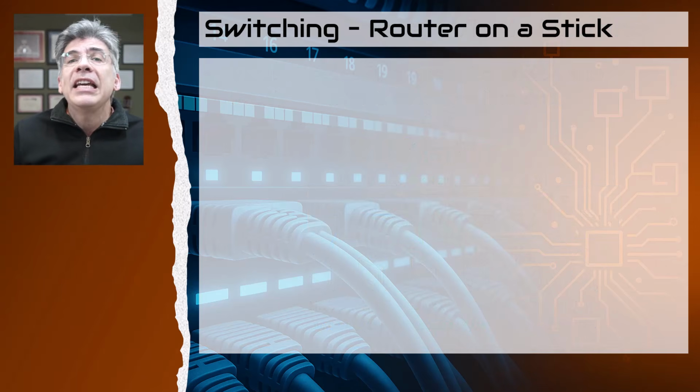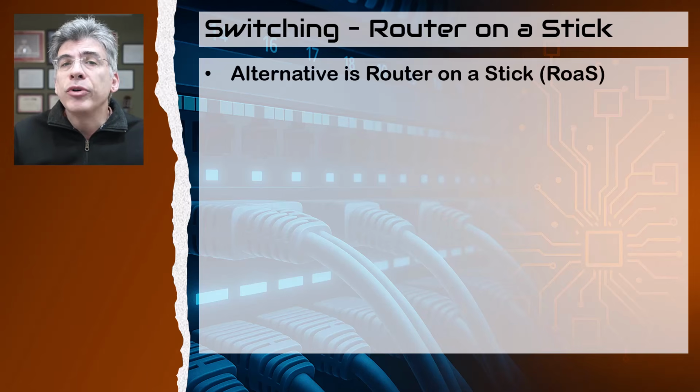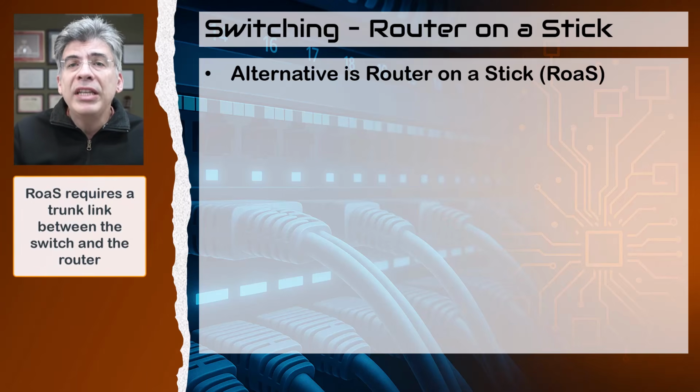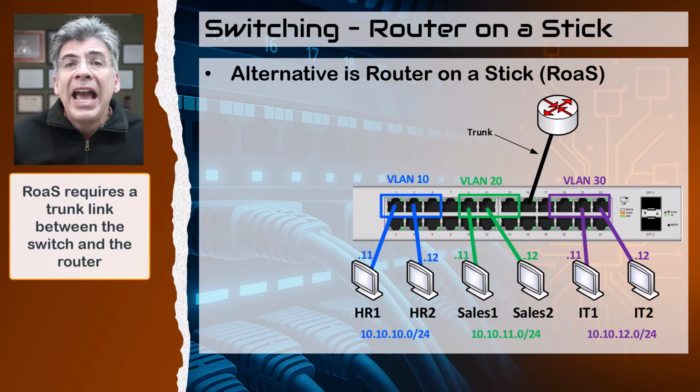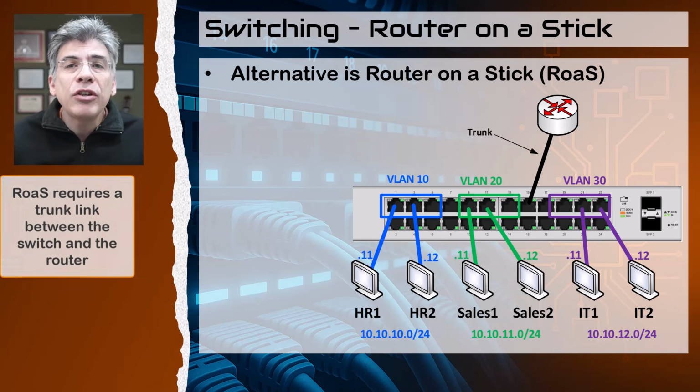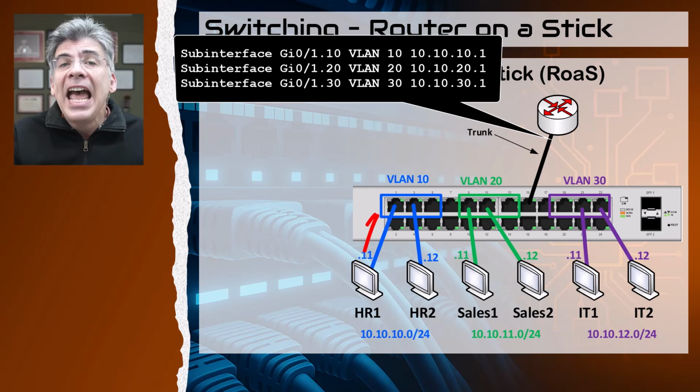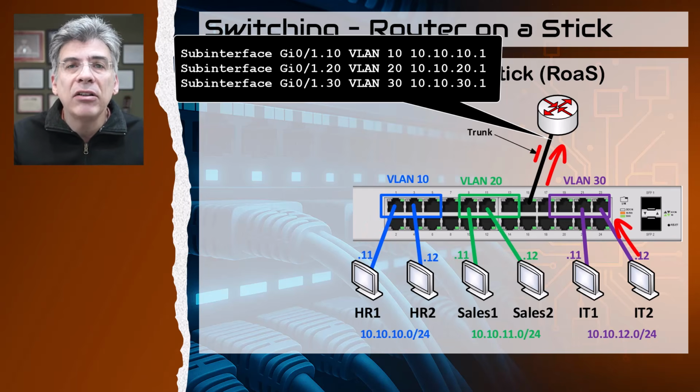Now, one way is to use what is known as a router on a stick. That's when you create a trunk between the router and the switch, and the router has multiple sub-interfaces on this physical interface here, allowing each VLAN access to a default gateway via this one single link.